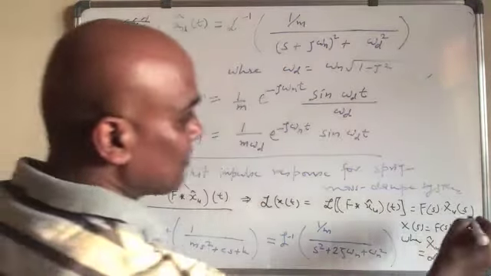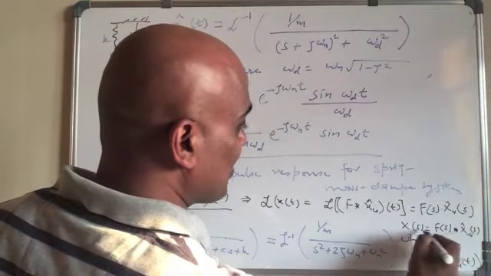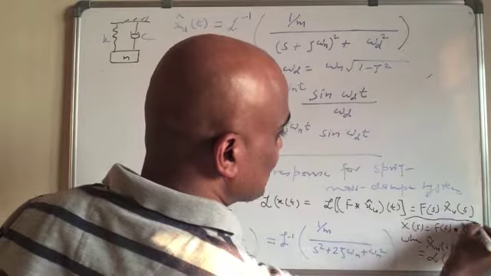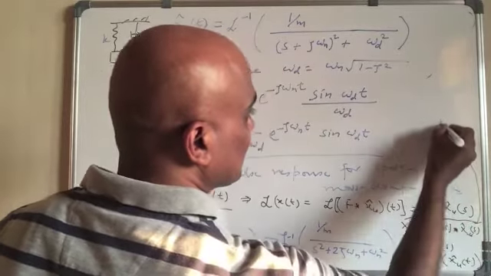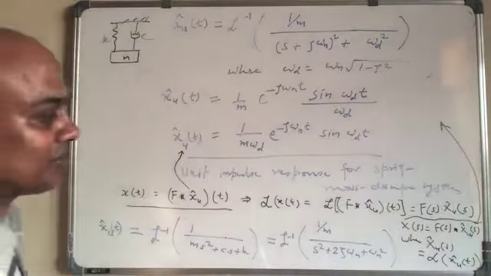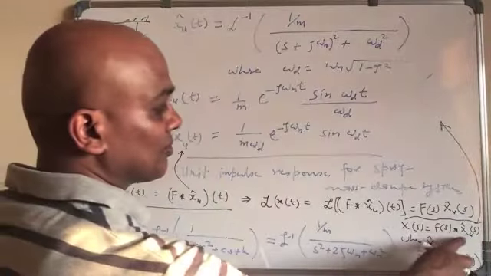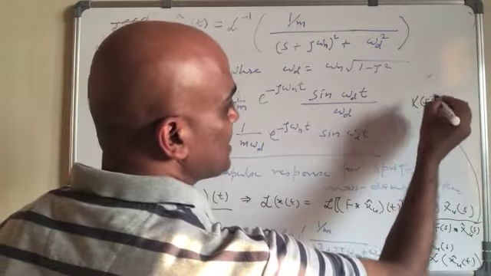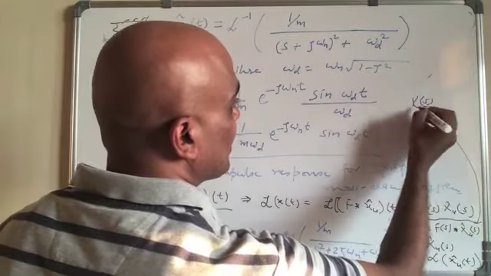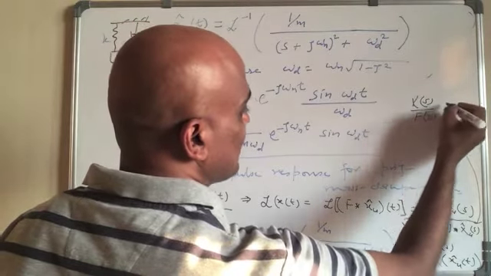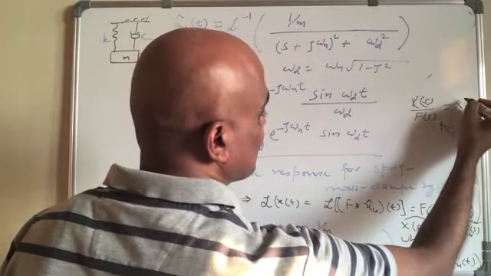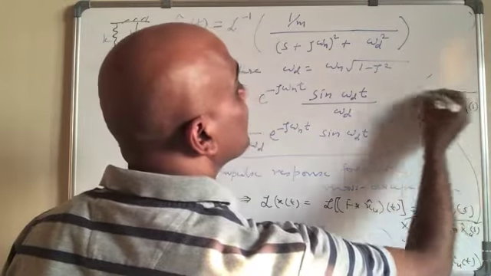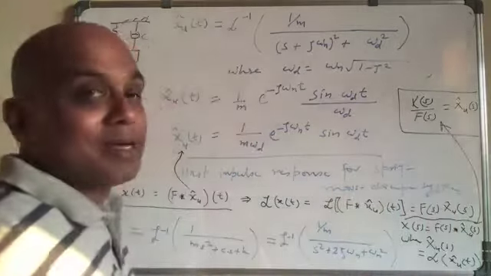Okay. So from here, what do we get? X(s) over F(s) is equal to x hat u(s).